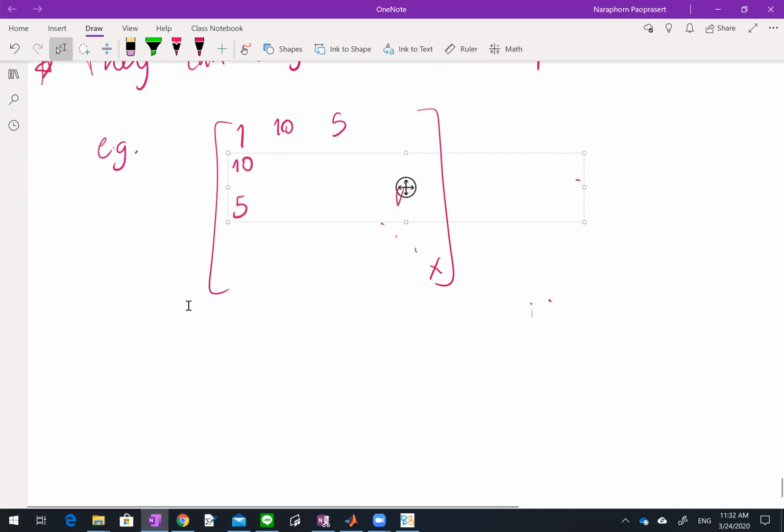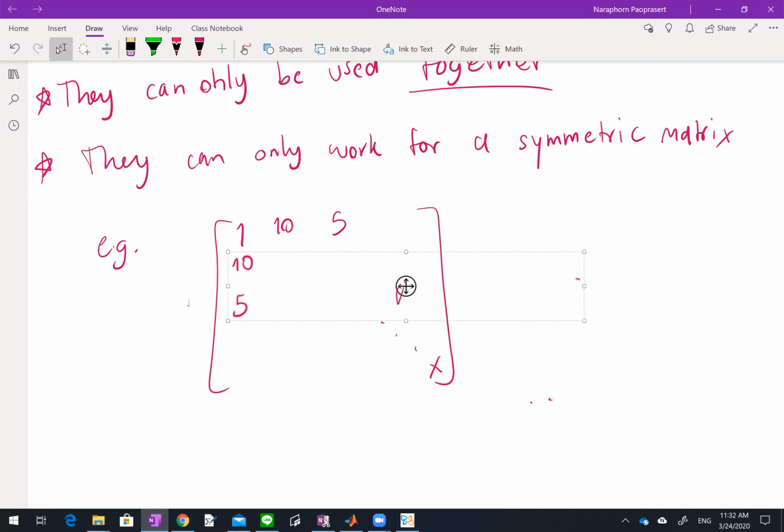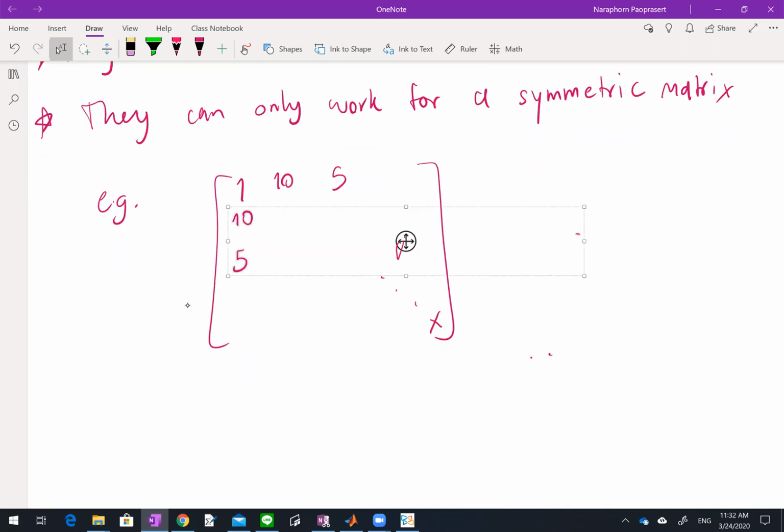So for a symmetric matrix, for example, if you have a matrix that looks like this, you can have any number along the diagonal line. It doesn't matter. Any number is fine. But if the position in row 1, column 2 is 10, the position in row 2, column 1 has to be 10.